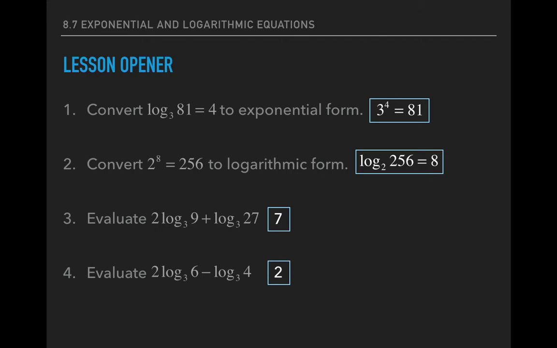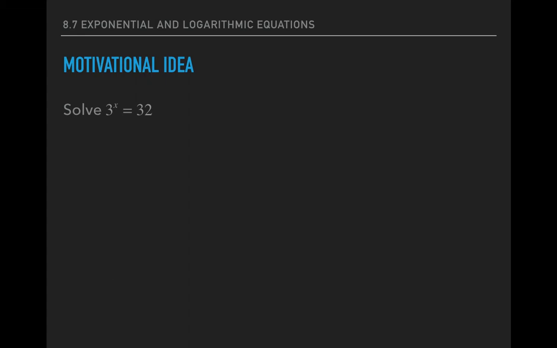So let's get started. I want to pose to you this problem. Solve 3 to the x equals 32, we're solving for x, the exponent. 3 to what power would give you 32? Take a moment to try and find that value of x. It's not 1. 3 squared is 9. 3 cubed is 27.